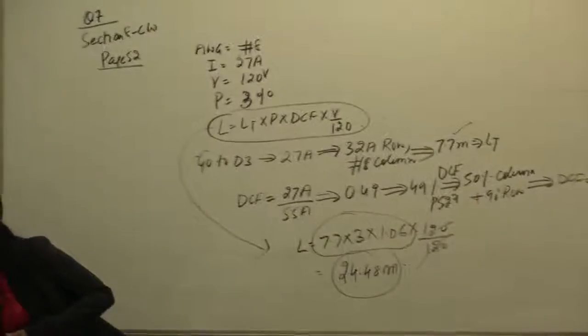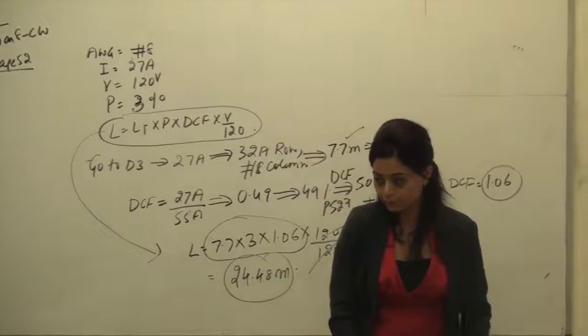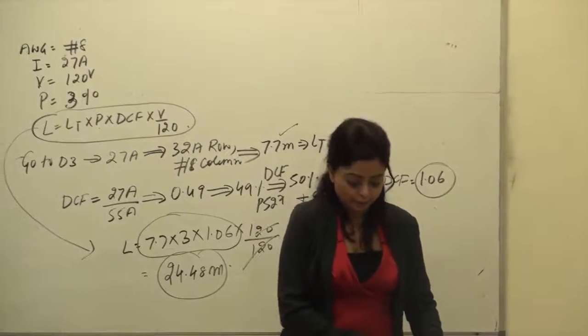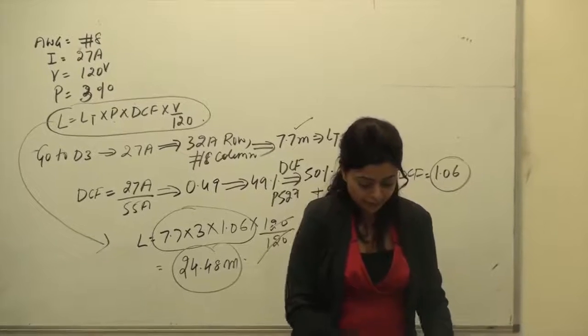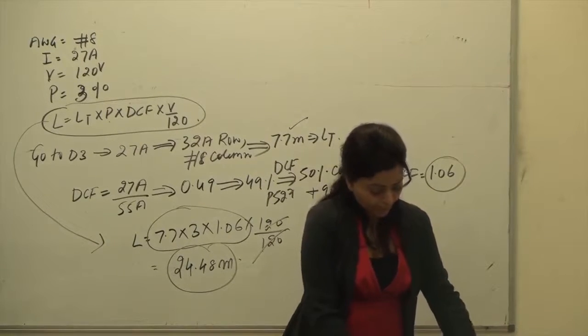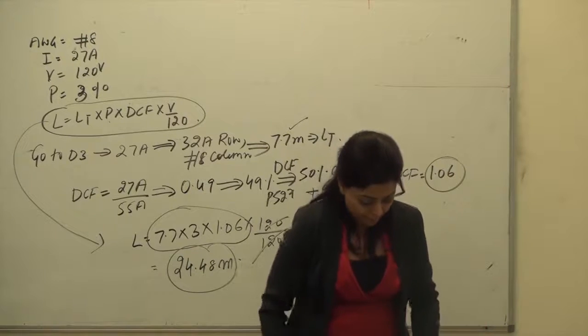You're going to go to table D3. Can you please tell me the 55 ampere table? Table 2. Okay? So you guys are going to go to table D3, back to where we were. You're going to come to page 527.